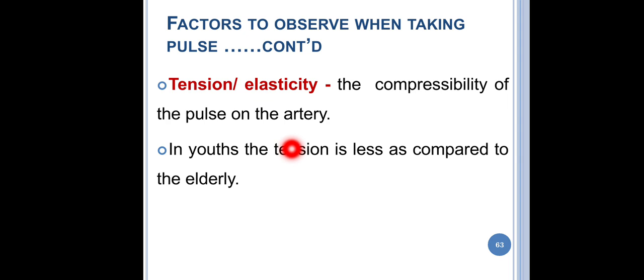It has better skin turgor and elasticity compared to the elderly, who lose the turgor. It loses its strength. So with elasticity, we are looking at this blood pushing against the walls of an artery. Is the blood vessel accommodating this particular blood?